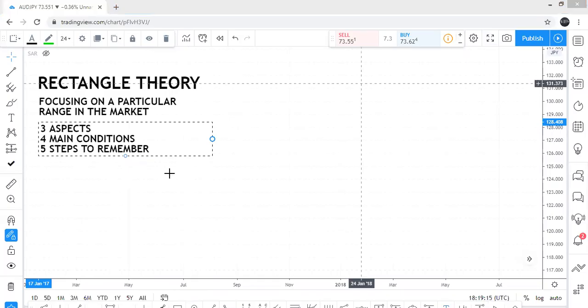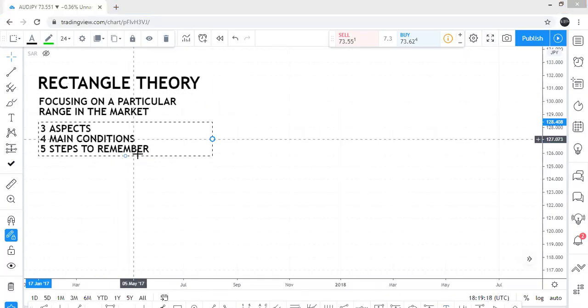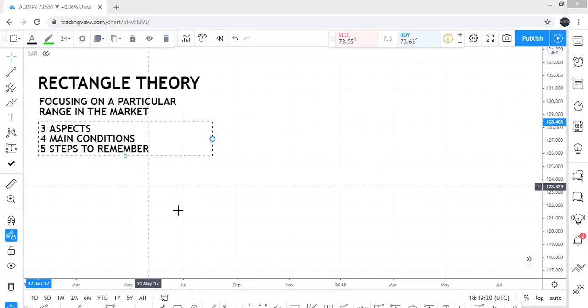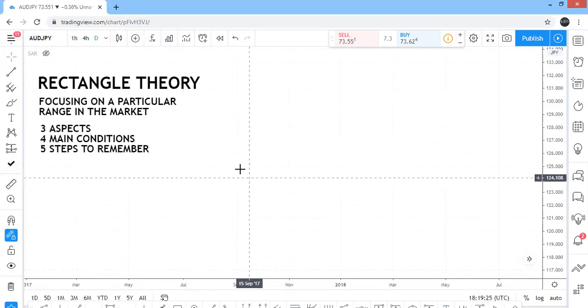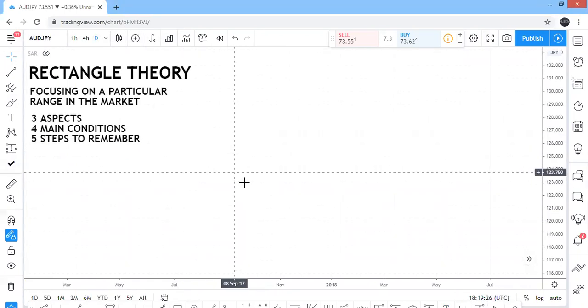All right, so 3 aspects of the rectangle, 4 main conditions that are tradable, and then there's 5 steps to remember. If you're able to get all these things, then you are on your way to trading the range. So let's look at these 3 aspects before we continue.